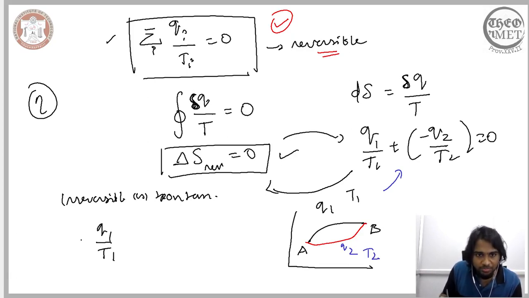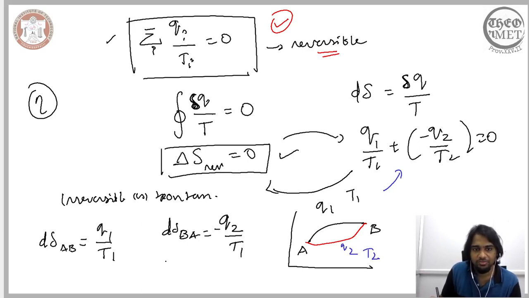Similarly, the entropy change when the system moves from B to A is given by Q2 by T2, and this is negative because the heat is removed. Essentially, the changes in the entropy cancel out each other, thereby fulfilling the criteria for the reversible process.